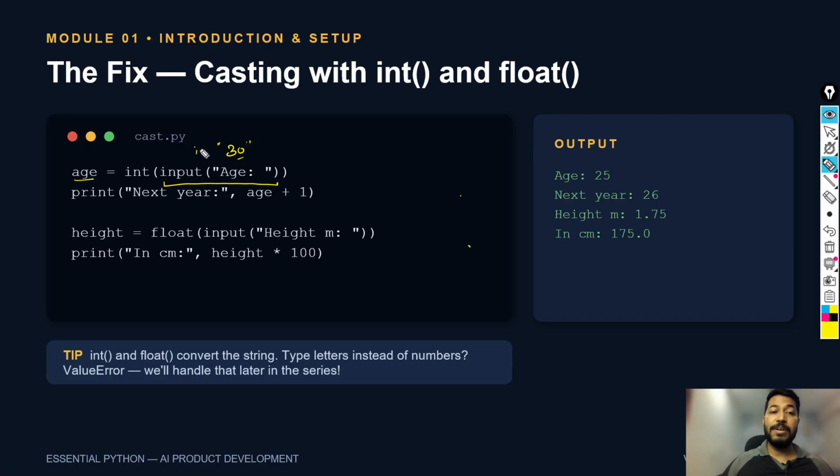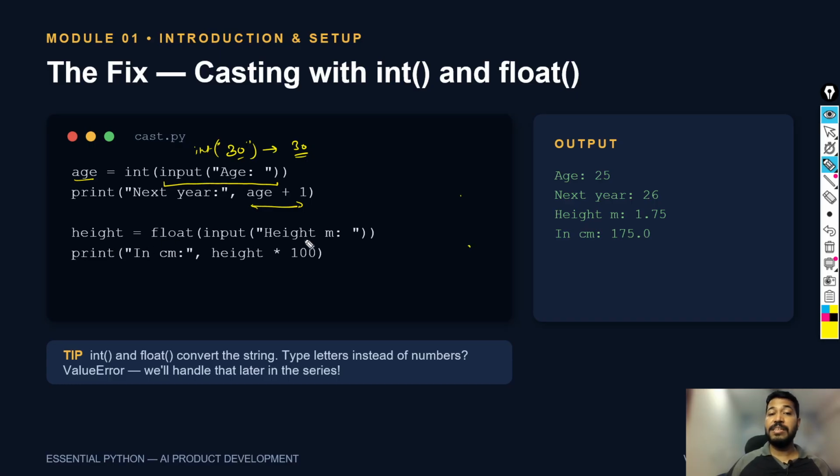Then I do the typecasting, and this string gets converted into 30 as an integer. When we perform any algebraic or mathematical operation on that, because it has already been typecasted into an integer, it will not throw any type-related error. Then I'm doing the same thing here for the height.